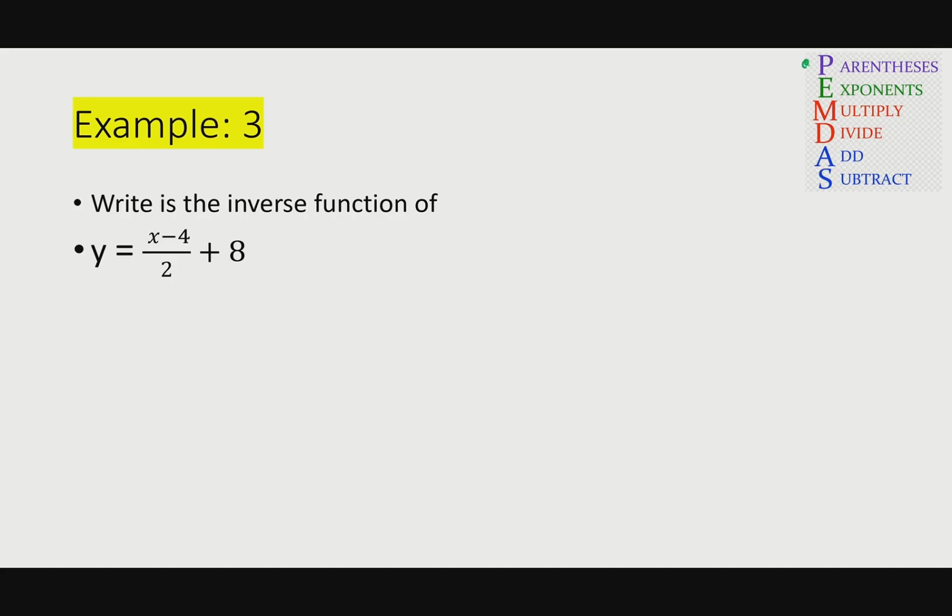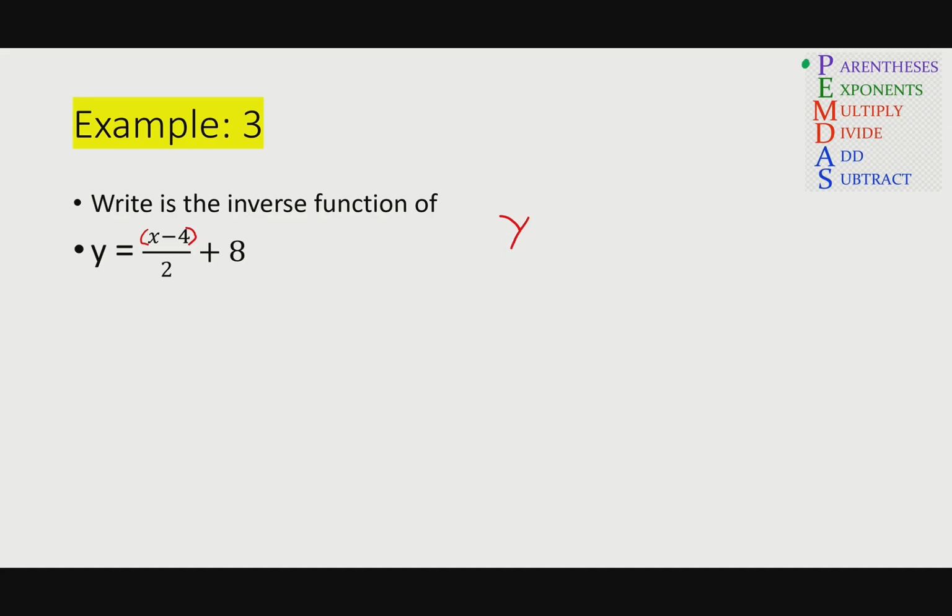You might not see parentheses here, but parentheses just mean grouping symbols. So x minus 4, this whole quantity right here, is being divided by 2. So I put parentheses in here to show that x minus 4 is being grouped together and that whole quantity is being divided by 2.